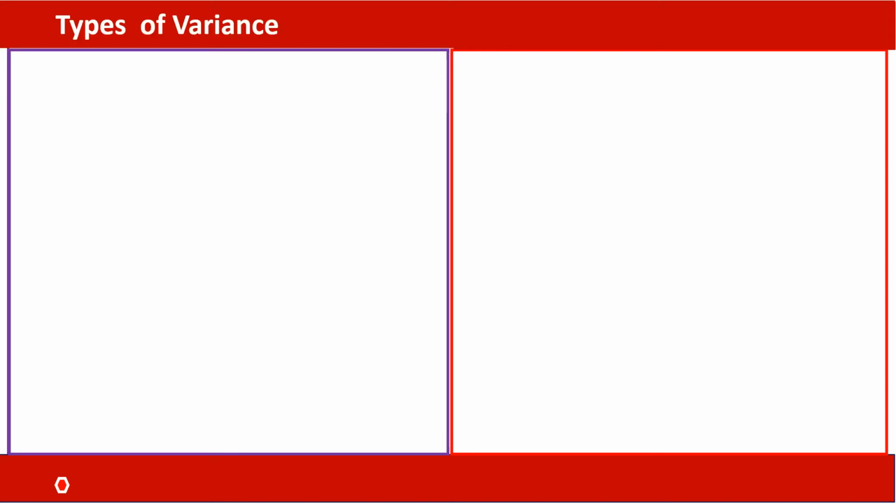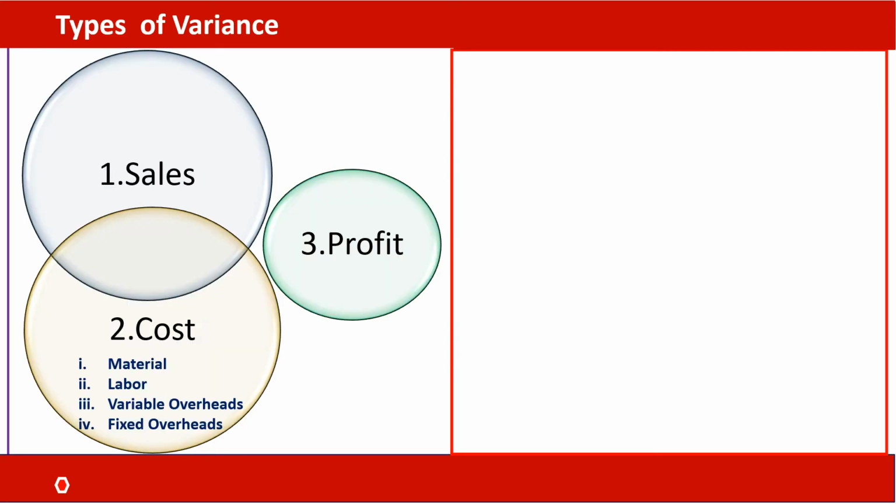we need to understand what are the types of variances. When we study variances, we said standard costing. Do you really mean only costing? Only cost? Are you looking into anything else? When we analyze, it is not only a matter of cost. We also have standards for sales. We also have standards for profits as a part of our budget.